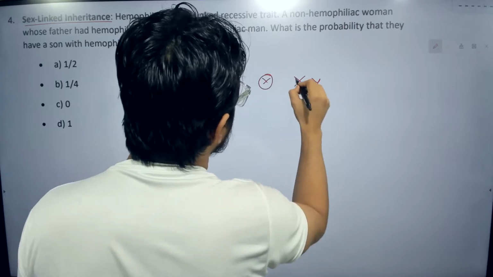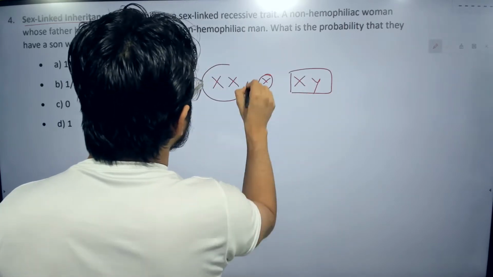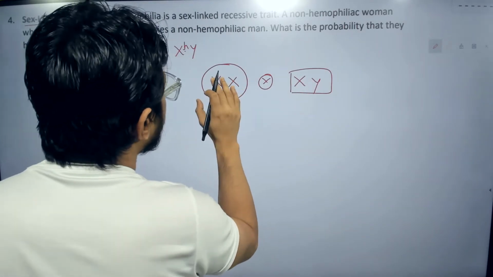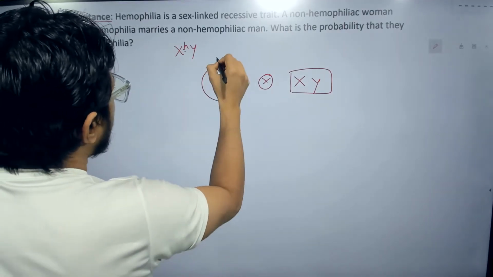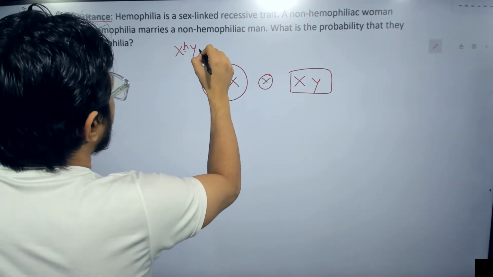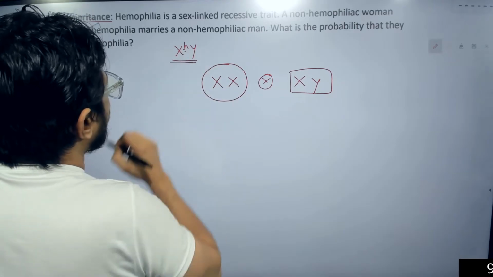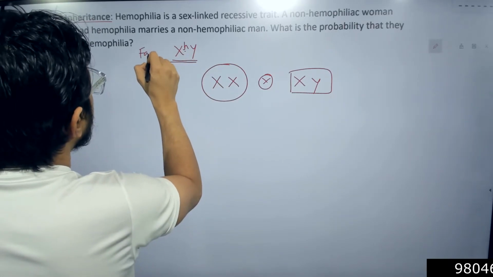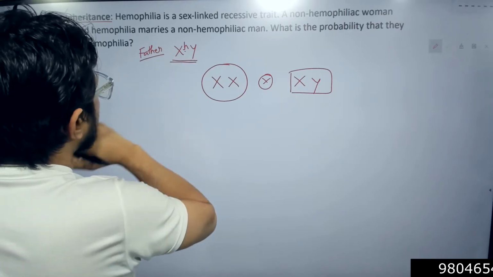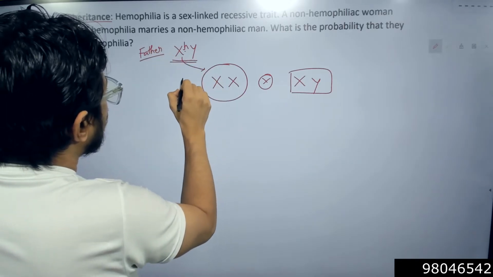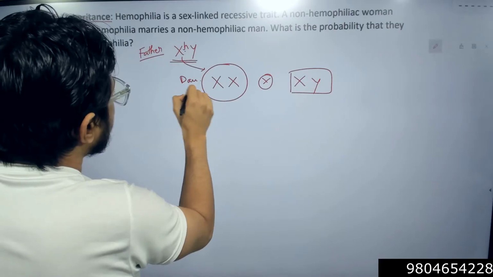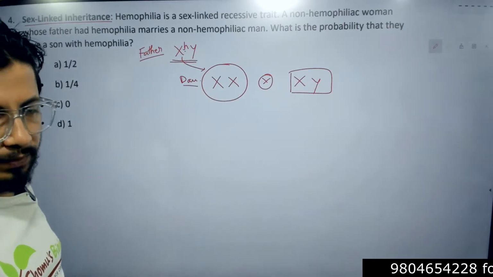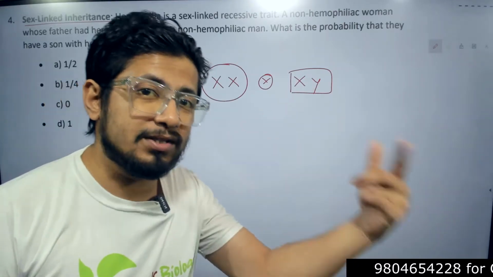This woman is non-hemophilic, but her father was hemophilic. We know that the father gives X to his daughter and gives his Y to his son.